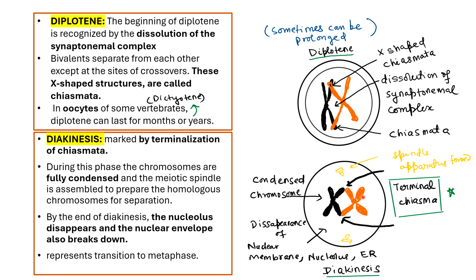We don't need any more recombination, we just see terminal chiasmata formation, only the ends look to be joined. Terminal chiasmata is a very important characteristic of diakinesis. Chromosomes are very much condensed here. There is disappearance of the nuclear membrane, nucleolus and endoplasmic reticulum. So with diakinesis, prophase 1 is over.